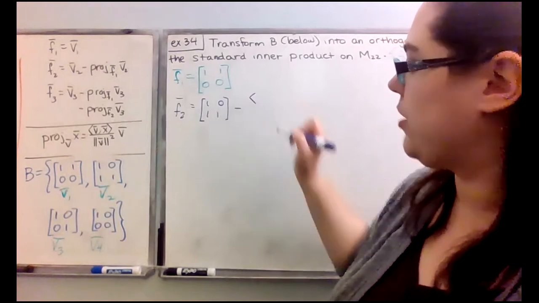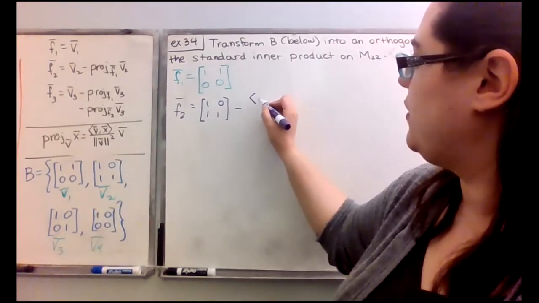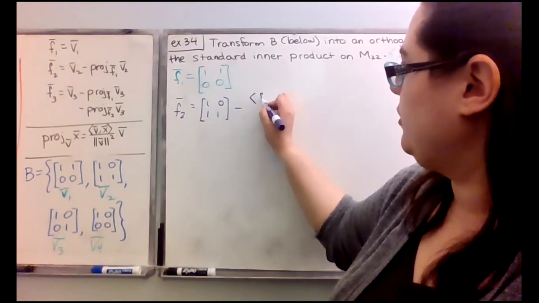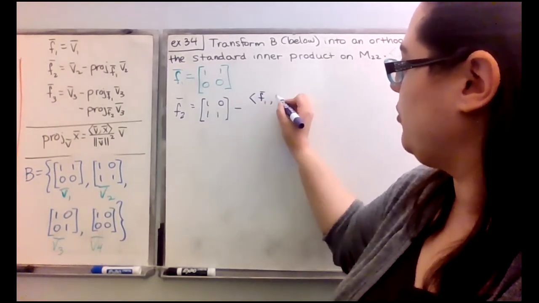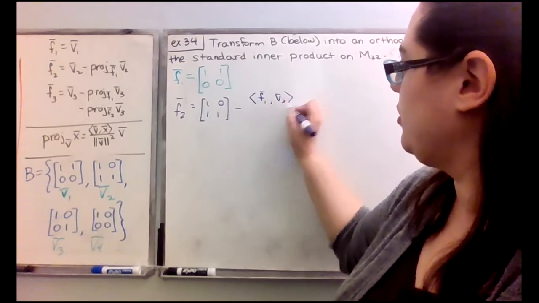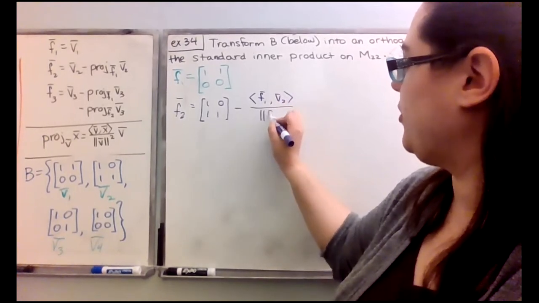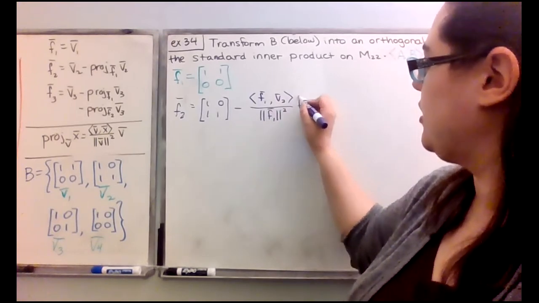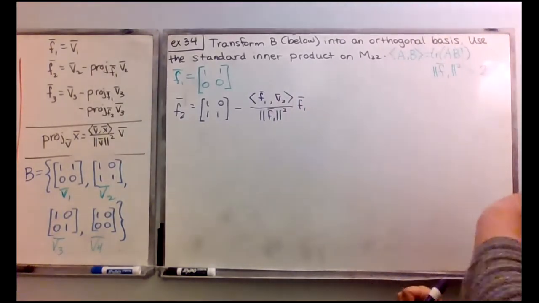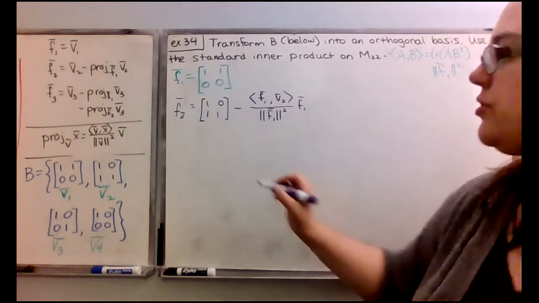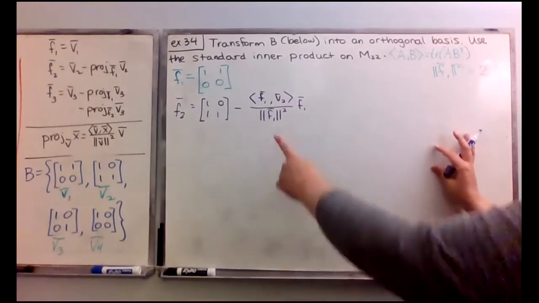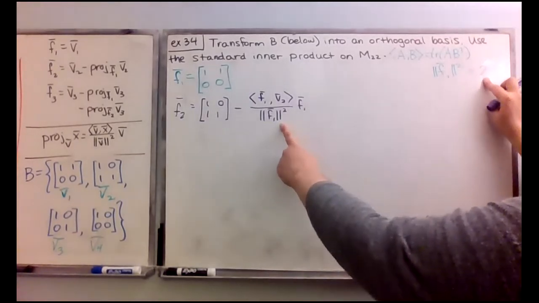It's going to be the inner product of F1 with V2 over the norm of F1 squared times F1. So let's find that inner product off on the side. And we already found the norm of F1 squared, so we're good there.